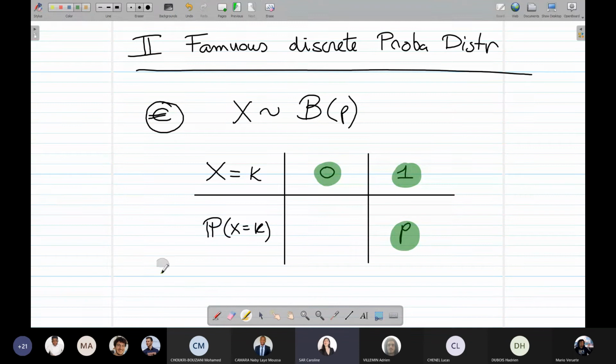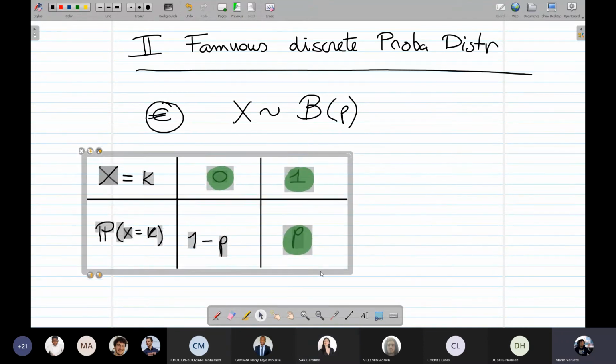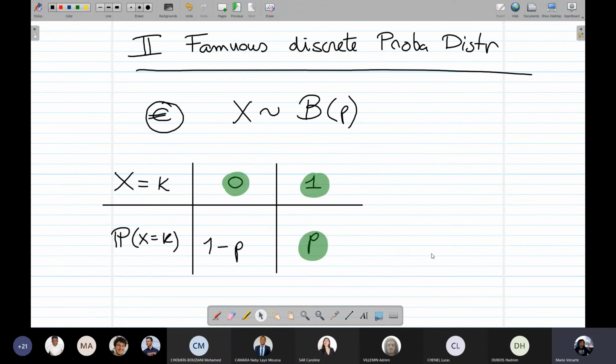It's 1 minus p. Perfect. 1 minus p. Okay, so this small table is what is called the law of X. And this is the Bernoulli law.